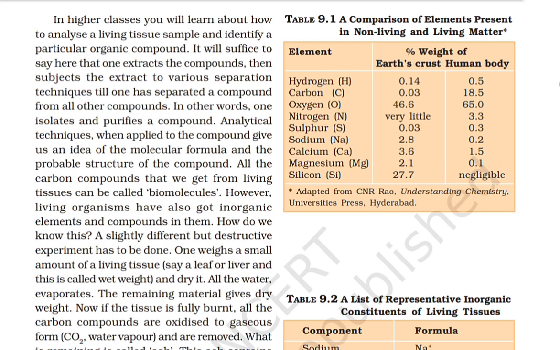It will suffice to say here that one extracts the compound, then subjects the extract to various separation techniques till one has separated a compound from all other compounds. In other words, one isolates and purifies a compound. Analytical techniques, when applied to the compound, give us an idea of the molecular formula and the probable structure of the compound. All the carbon compounds that we get from living tissue can be called biomolecules.